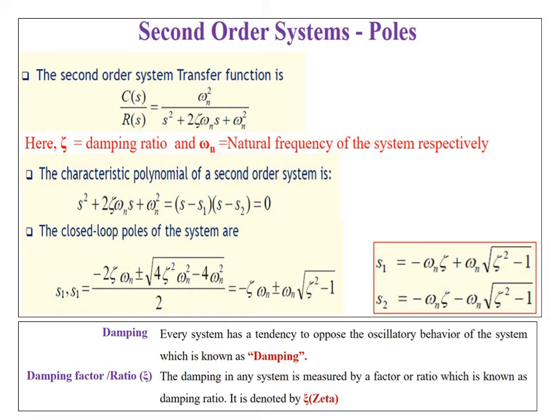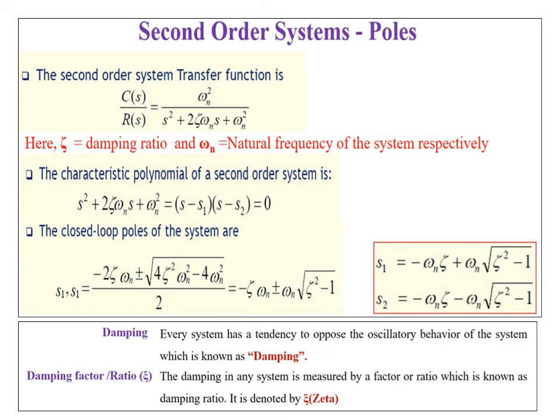Now in this case, we have taken the damping ratio zeta. Damping means every system has a tendency to oppose the oscillatory behavior of the system, which is known as damping. The damping in any system is measured by a factor or ratio known as the damping ratio zeta.